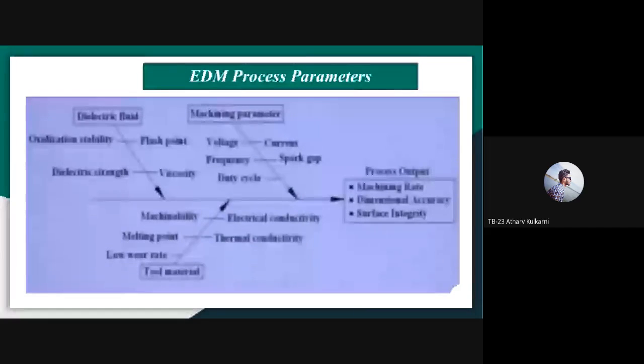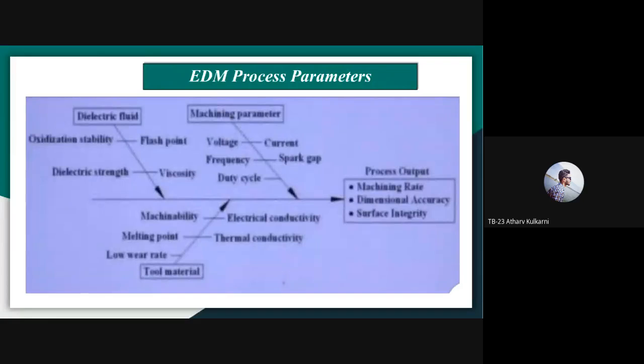For example, for machining or drilling a cavity on a copper plate. Again, if you want to measure surface finish, you can apply different input parameters and you will get the pattern.